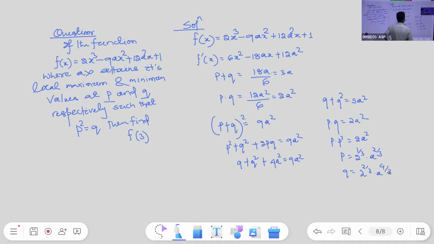Then, so how to get the value of a? There could be a calculation mistake or something wrong with the question. Let me check.